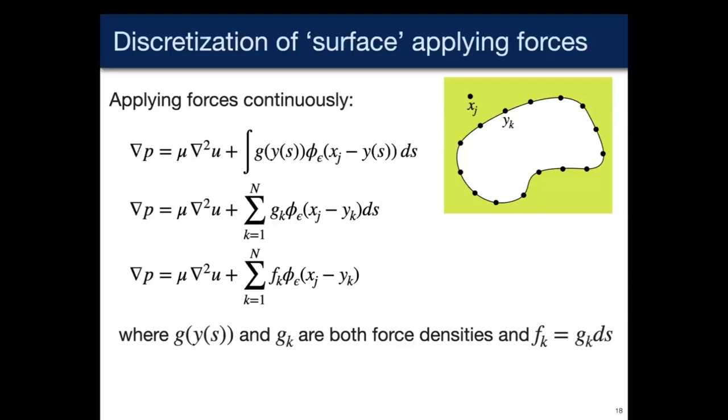In this case, g is actually a force density and not a force, so it's a force per length. From the previous slide, F sub k becomes g_k times ds in my example here. And so what you're doing is discretizing this integral as a sum with endpoints.